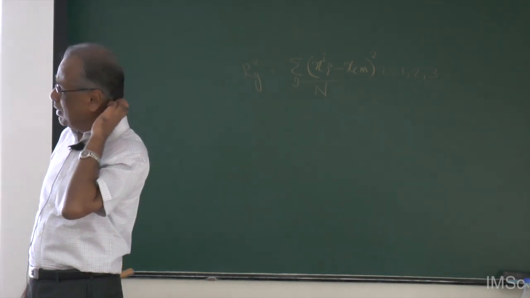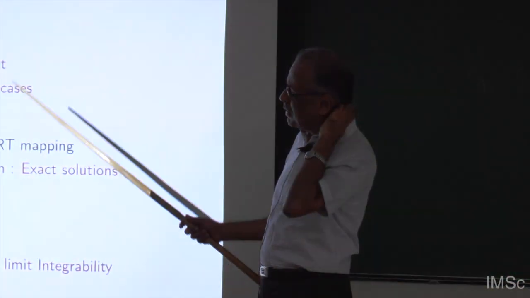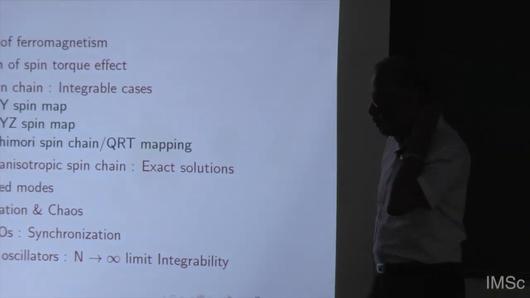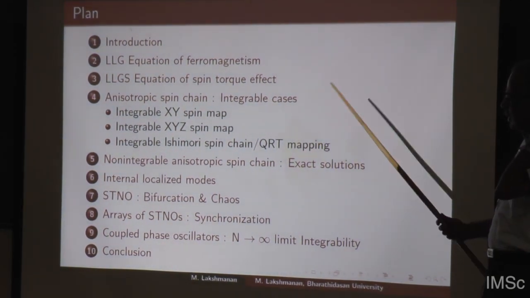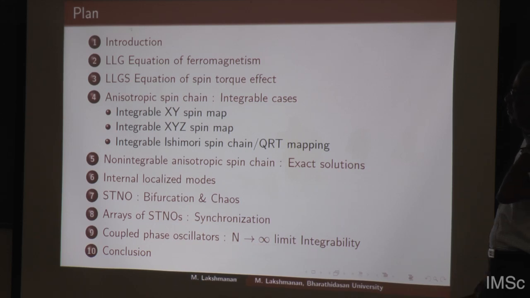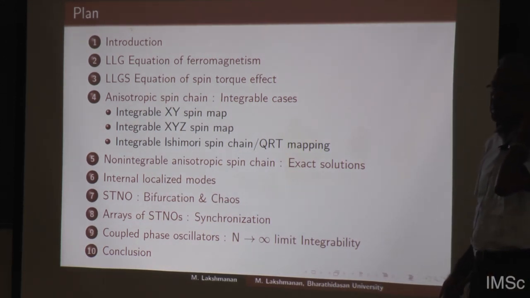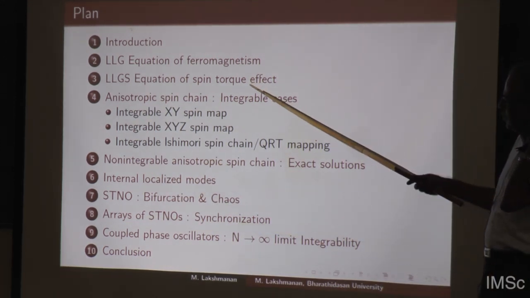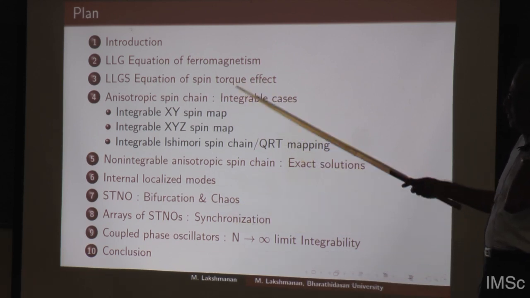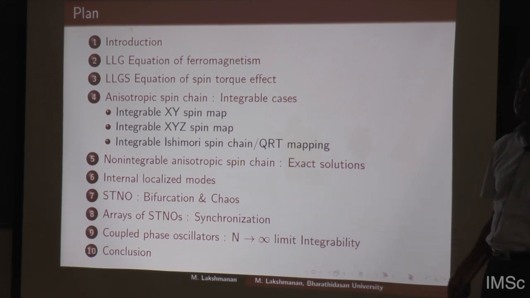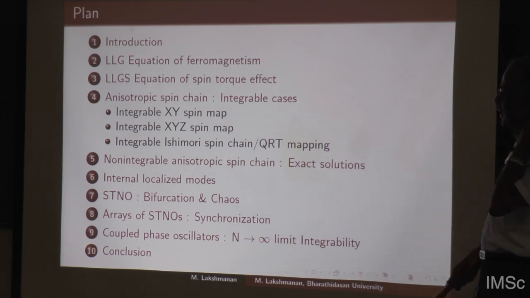After a brief introduction, I will talk about the basic dynamical equations underlying ferromagnetism, which is of great relevance in applied magnetism: the Landau-Lifshitz-Gilbert equation, the LLG equation, to start with. But then I will also point out that a simple extension of this equation takes care of what is known as the spin torque effect in spintronics, which has found great relevance in recent times.